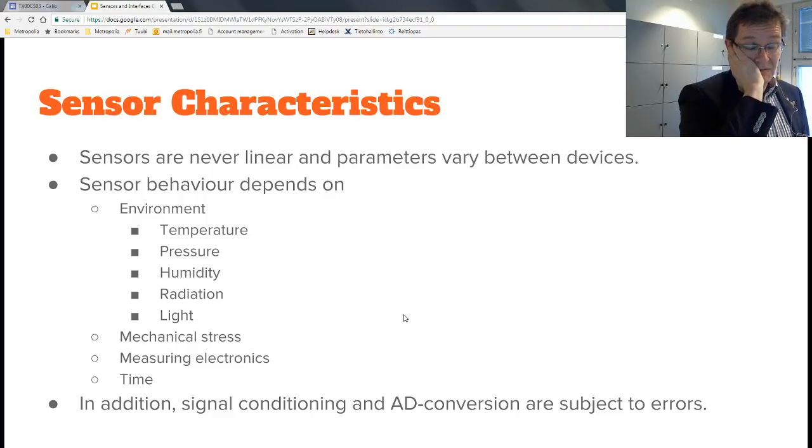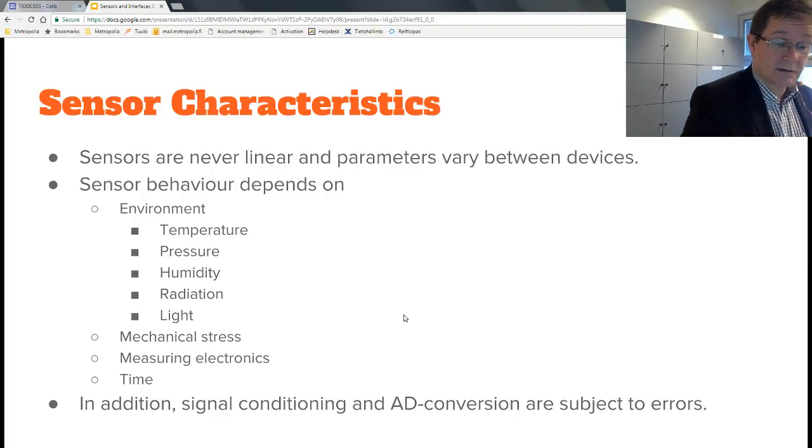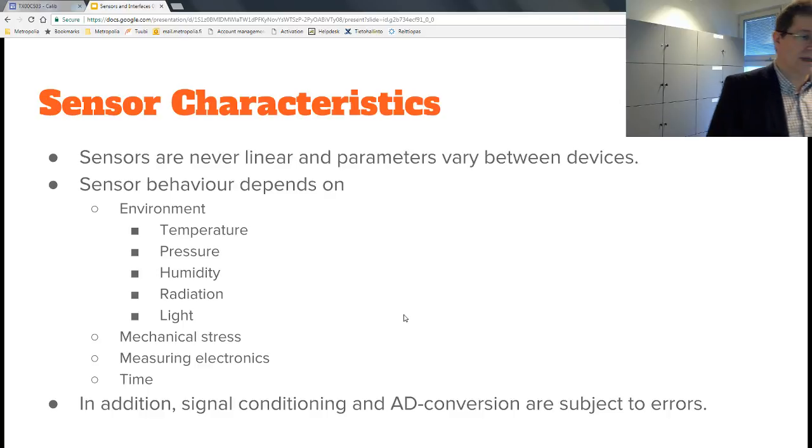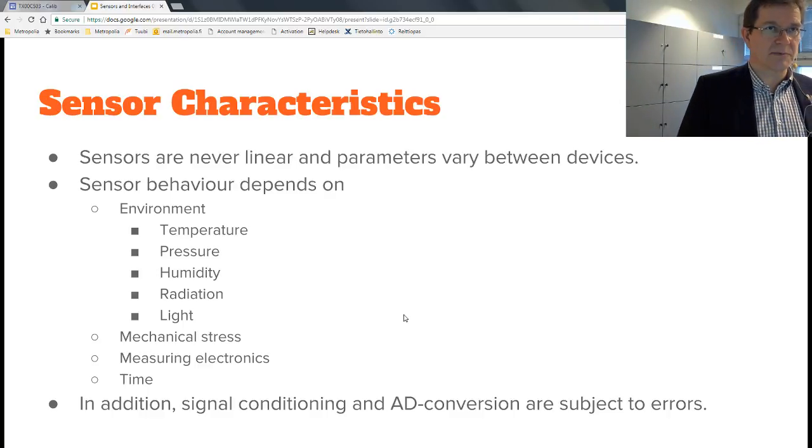For example, linearity is one. No system is totally linear. And then the sensor behavior may depend on the environment, mechanical stress, measuring electronics. Well, that's a biggie. And of course, time also changes the properties of any measuring system.